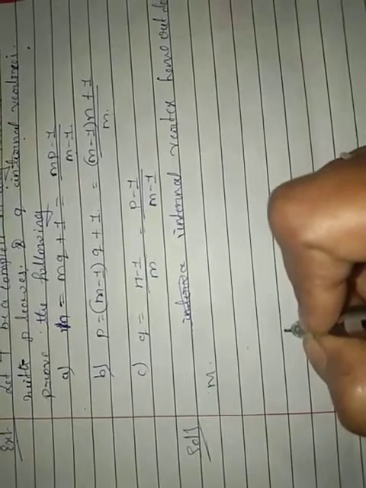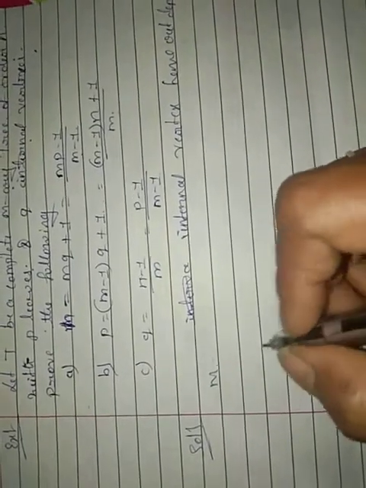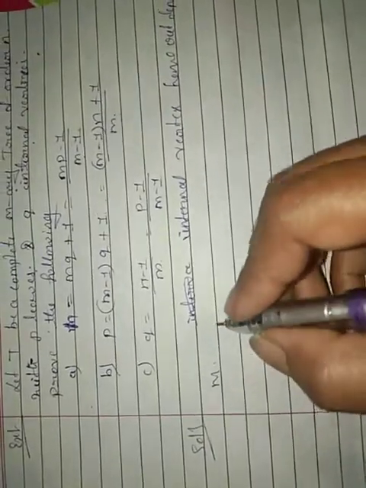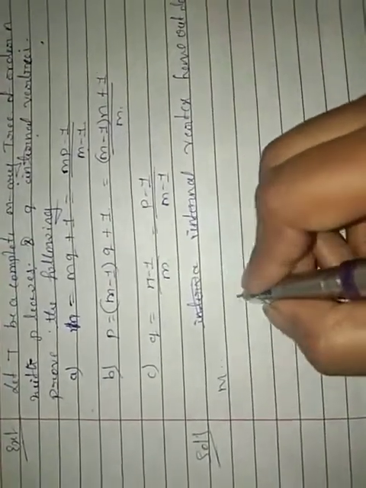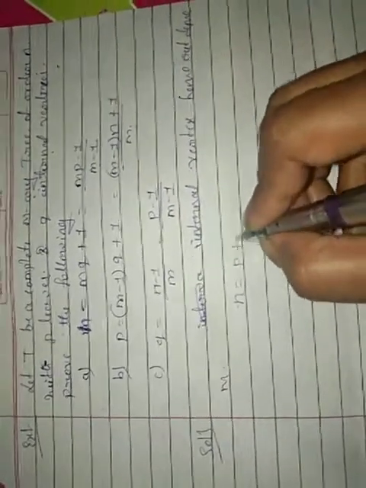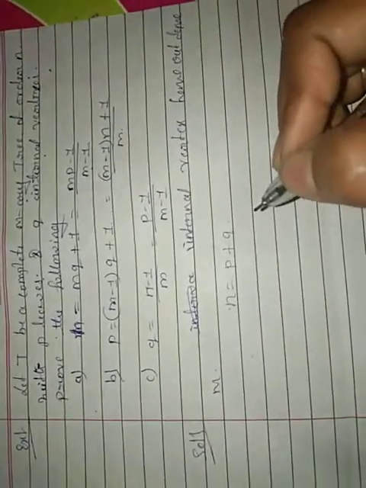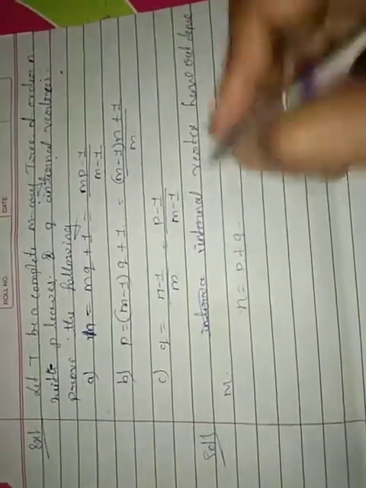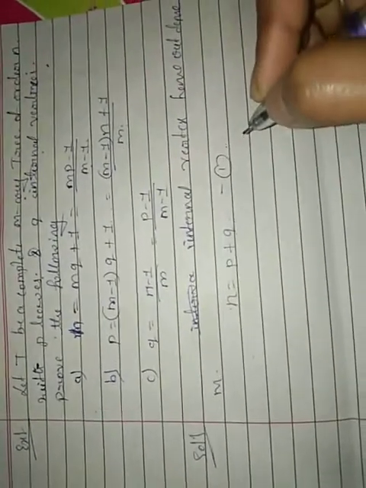So therefore, the total number of vertices in the tree is the sum of the number of leaves and the number of internal vertices. So total number of vertices of the tree equals number of leaves plus number of internal vertices, that is p and q. Call this one as equation 1.